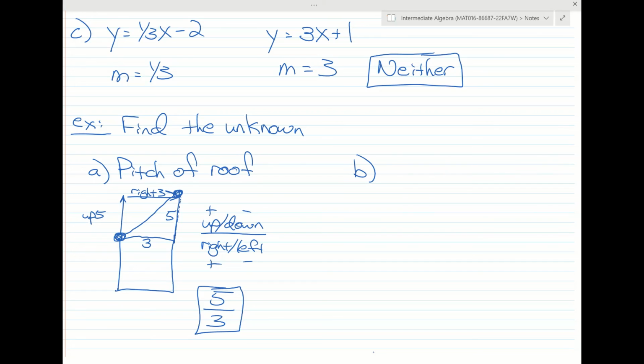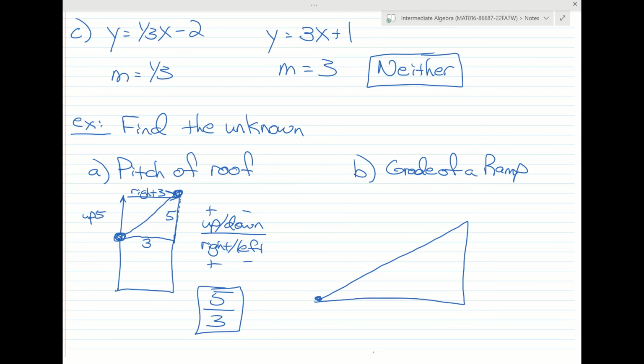The last one for this section is the grade of a ramp. When we're talking about the grade of a ramp, this means as a percent. These are kind of really easy problems, but these are the kind of word problems that you'll see.